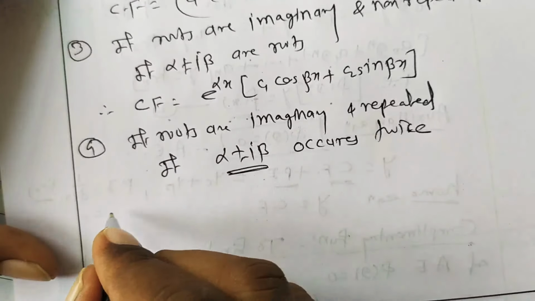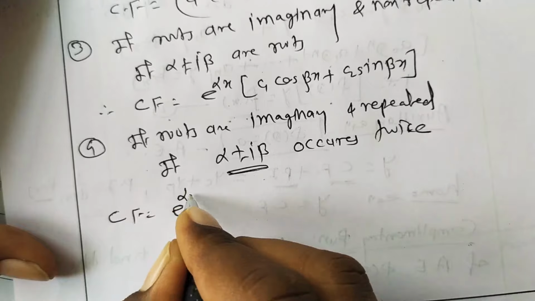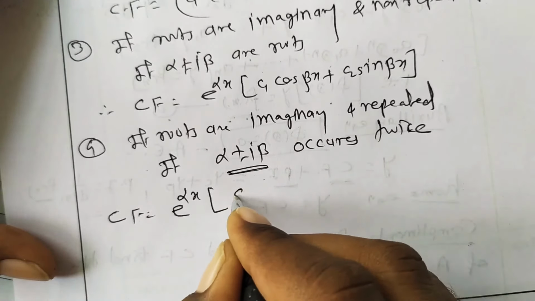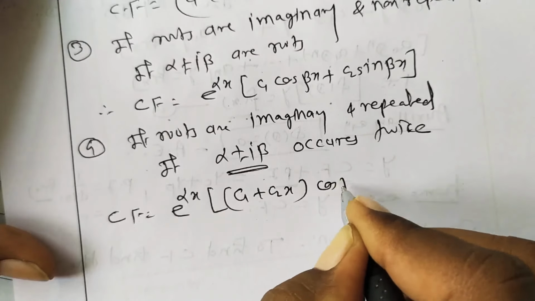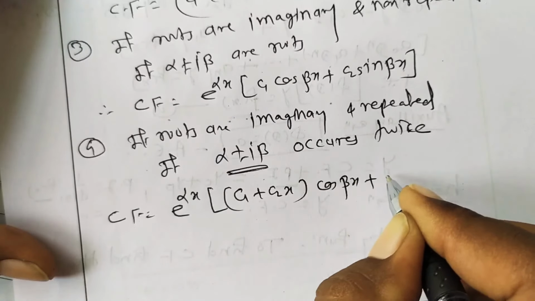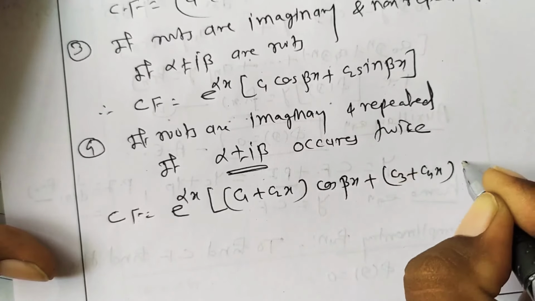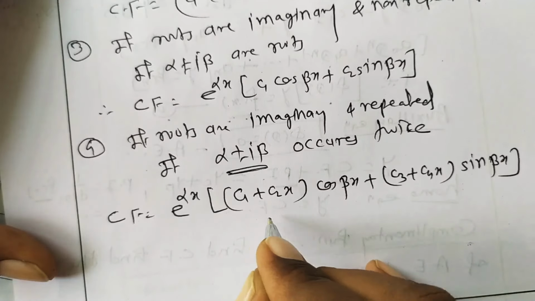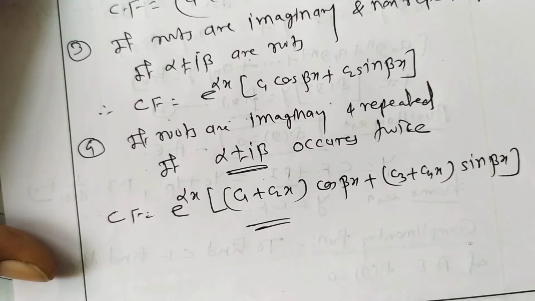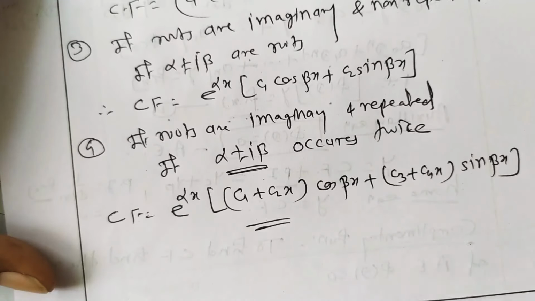Then CF is equal to e to the power alpha x into (c1 plus c2x) cos beta x plus (c3 plus c4x) sin beta x. So this is the fourth case: if roots are repeated and imaginary, then we can write CF using this.